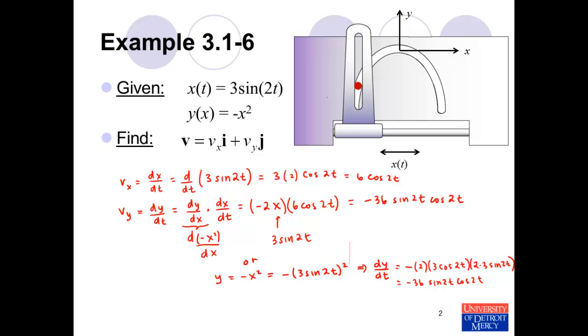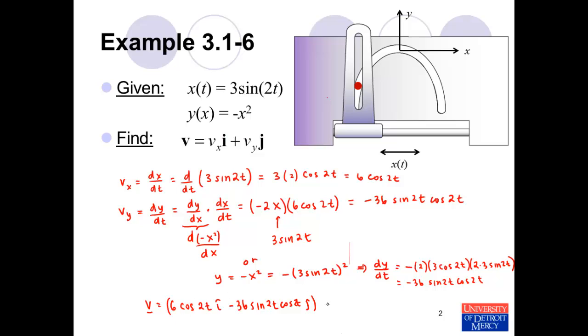So putting everything together, the total velocity of the pin is the x component in the i direction, and then the y component in the j direction.